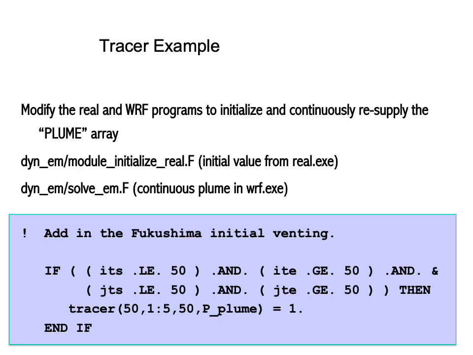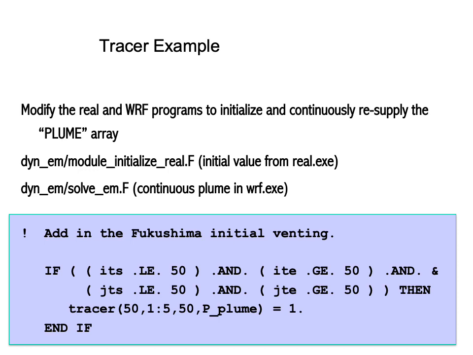Inside of the solver, we do the exact same do loop. Inside the solver, we're going to say if we are at the grid cell that is associated with Fukushima, so in this case it's grid cell 5050, we're going to take the tracer array, the 4D array, and we're going to use the component that is plume.